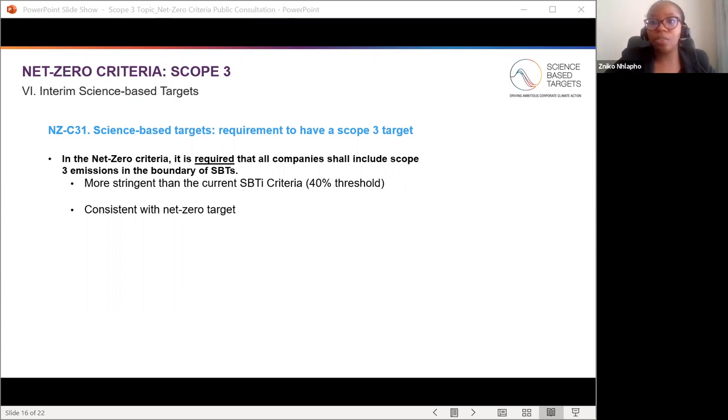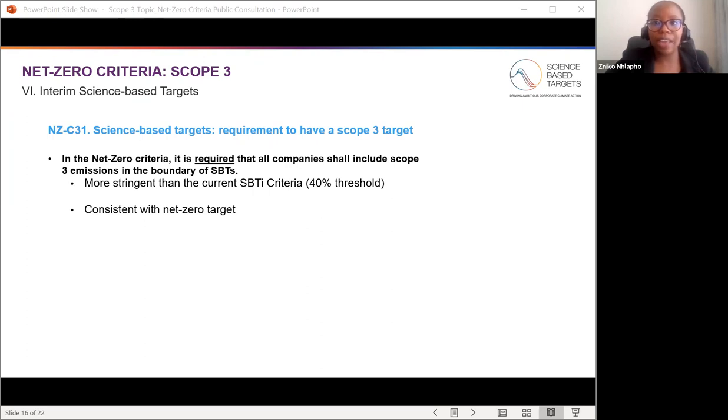Firstly, this criterion requires all companies to include scope 3 emissions in the boundary of the interim targets. It's obviously more stringent than what we currently have in the SBTi criteria, which requires companies to include scope 3 in the boundary of SBTs if scope 3 emissions are more than 40% of their total scope 1, 2, and 3 emissions.